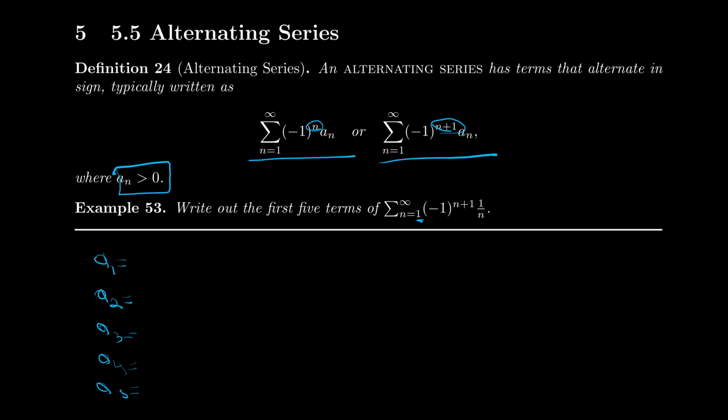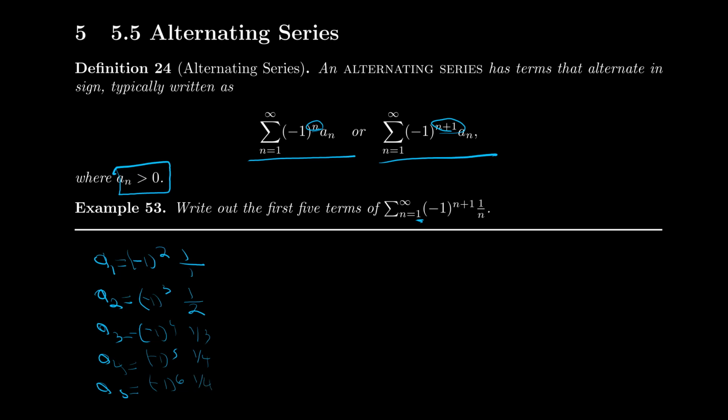So this is going to be negative 1 to the 1 plus 1, 1 over 1. Negative 1 to the 2 plus 1, so 1 over 2. Negative 1 to the 4th. This will be a negative 1 to the 5th. This will be a negative 1 to the 6th. And this will be 1 over 3, 1 over 4, and 1 over 5.